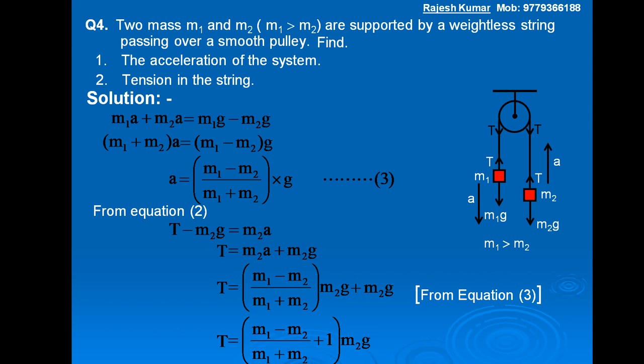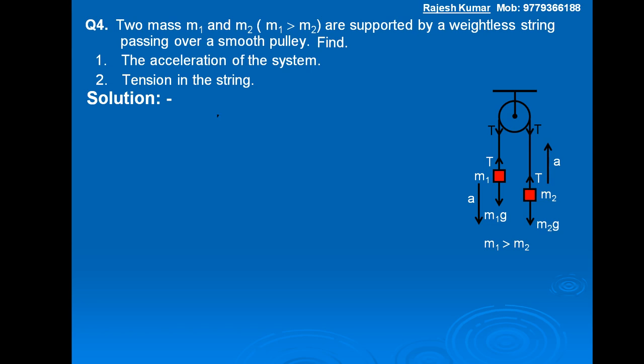Now within the bracket take LCM, so we get capital T is equal to, LCM is M1 plus M2 and numerator becomes M1 minus M2 plus M1 plus M2, into M2G. Now minus M2 and plus M2 cancel each other.